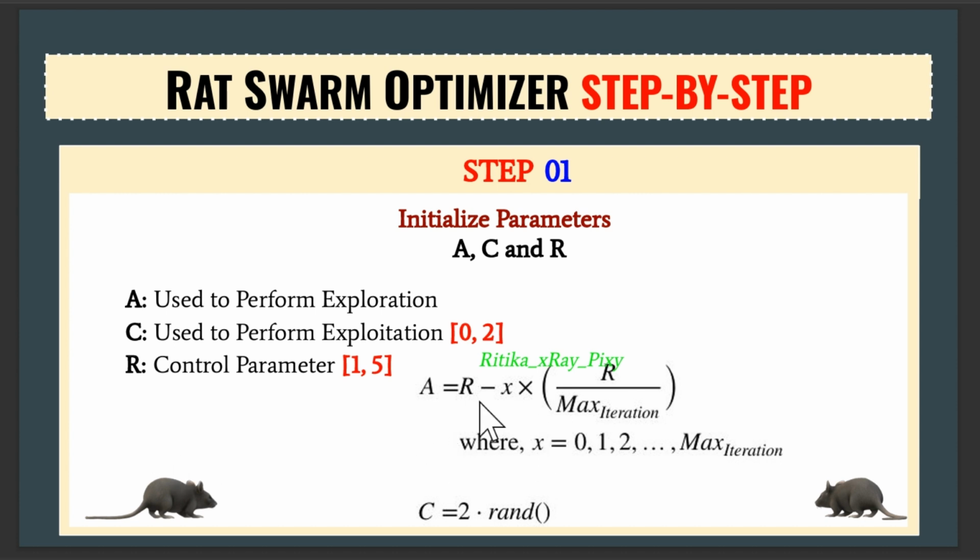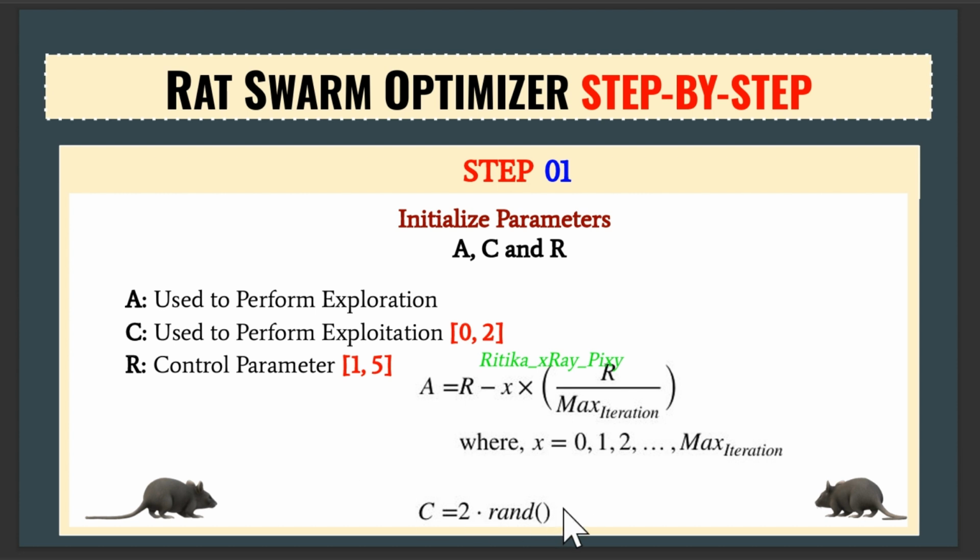Parameter A is responsible for exploration, and it ensures that the rat's new position is influenced by its current position, allowing the algorithm to search new areas of the solution space and encouraging the search agents to explore other potential solutions.